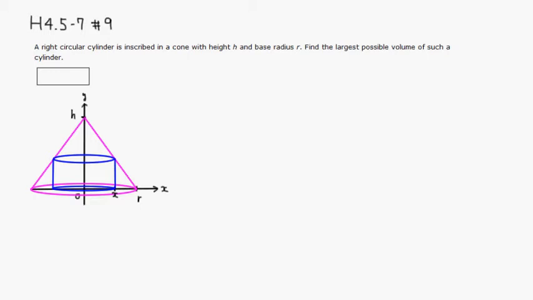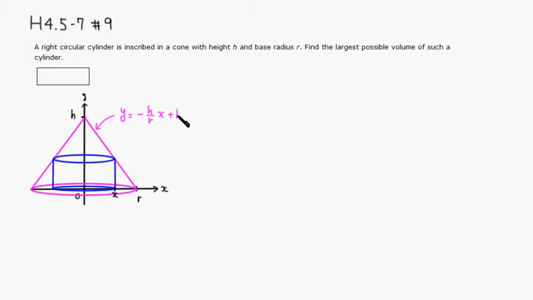The equation of this cone up here: the y-intercept is h, and the slope is you go to the right r units and go down h units. So this equation is y equals negative h over r x plus h.